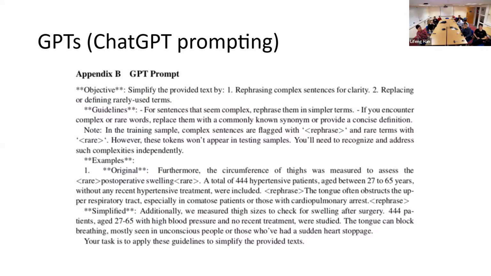So we first give some guidelines to ChatGPT, and then we give an example of how it should simplify the text. For example, we mark post-operative swelling as rare, and as you can see in the simplified version, it's saying swelling after surgery. And then there is the sentence later. We considered that a bit intricate, a bit complex, and so we tagged that as needing to be rephrased, and then we show in the simplified version that the sentence has been simplified.